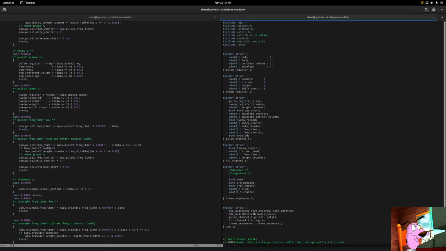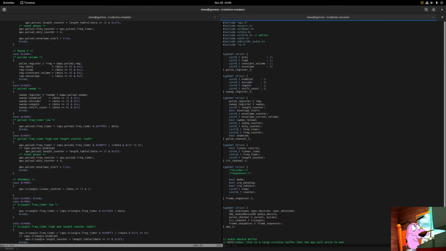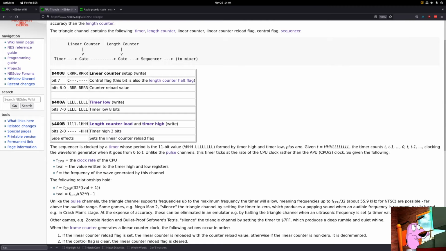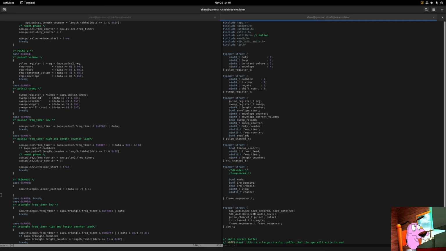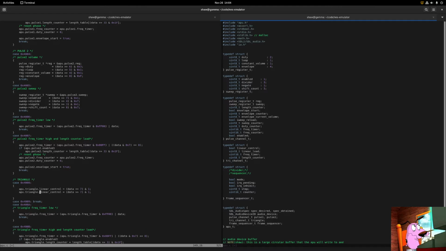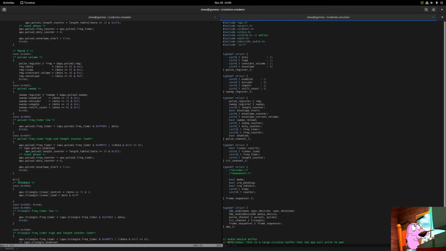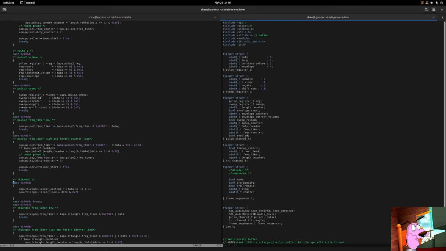Right. Control. And then linear load is the low 7 bits. So linear load is data and what would be the low 7 bits? 7F? 4, 5, 6, 7, right? Or yeah, 7F.